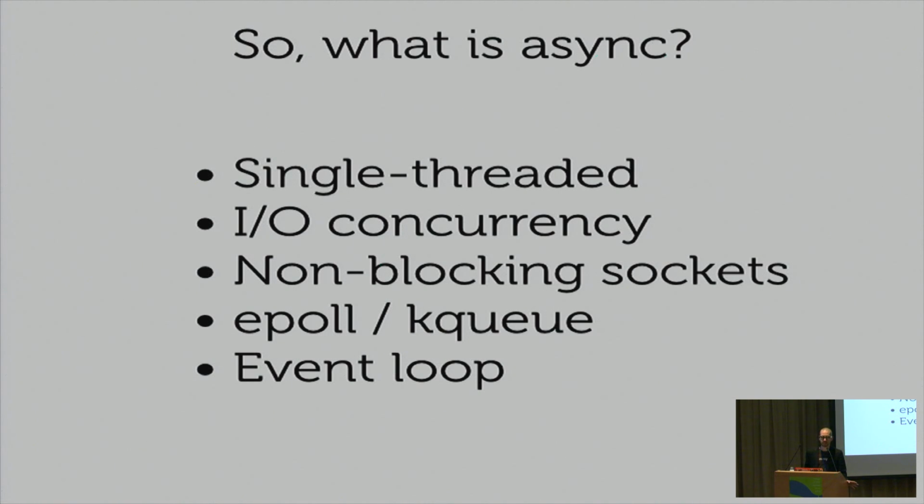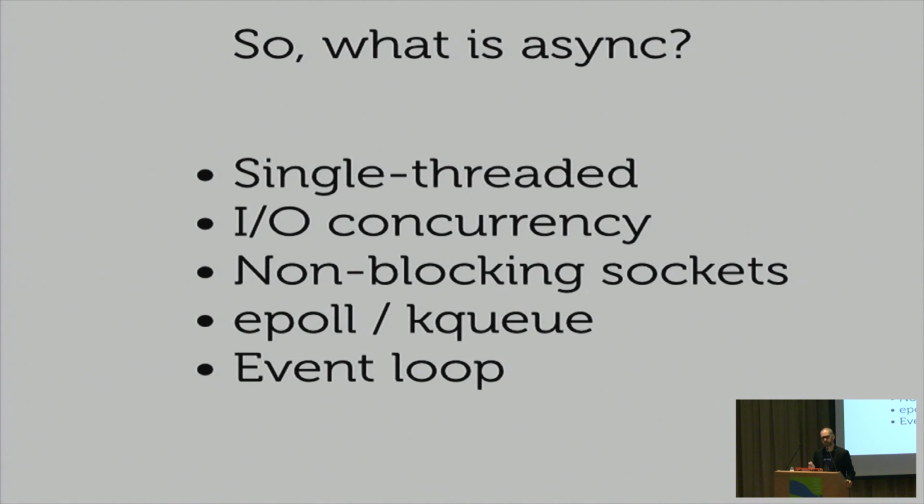But when you're writing async code, you don't need to worry about this because the framework handles it for you. All you need to know is that you do operations on the network, and when those operations complete, you have a callback which is executed with the result of it.